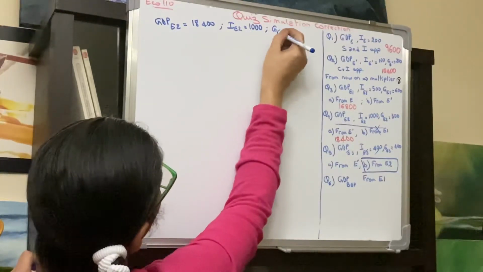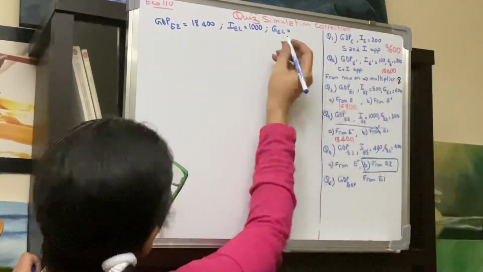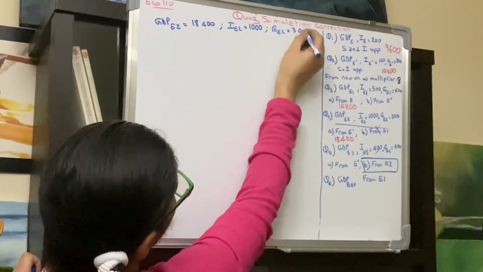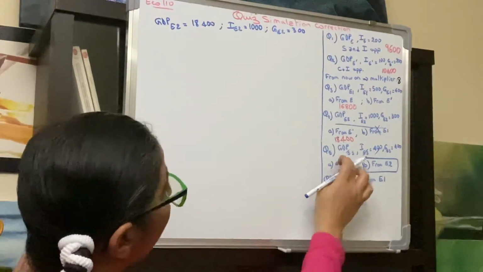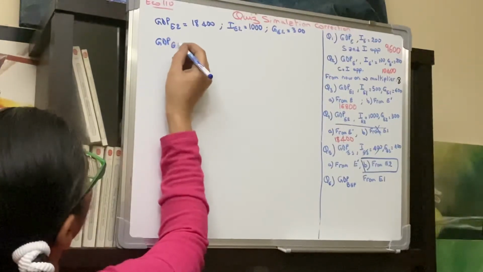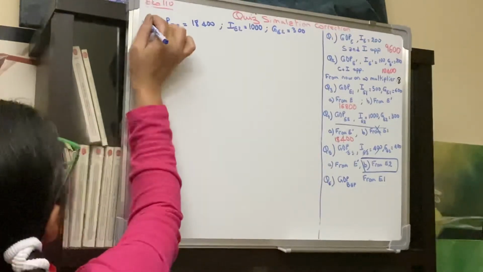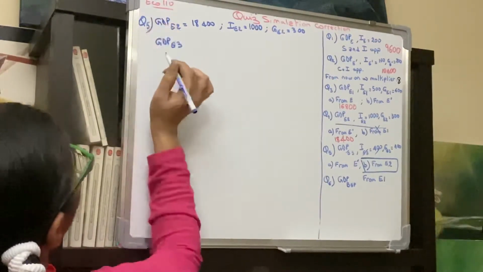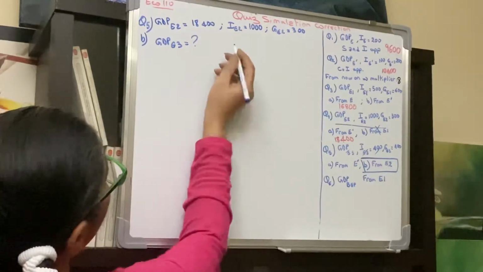And G at E2 is equal to 300. Is that correct? Yes. Okay, now I'm looking for GDP at E3. This is question 5, little b. I'm looking for GDP at E3.